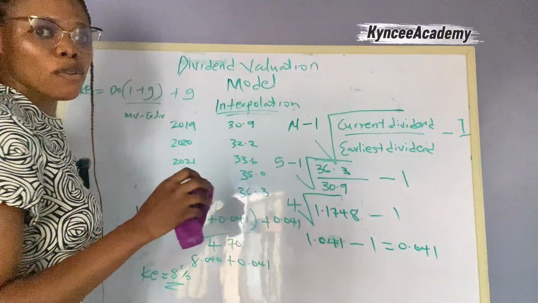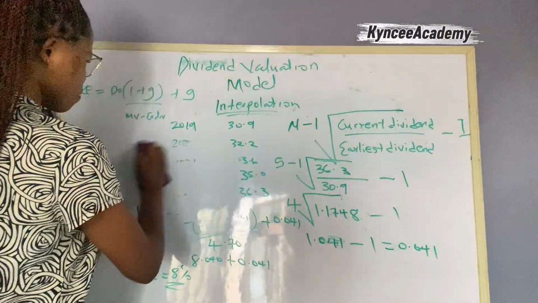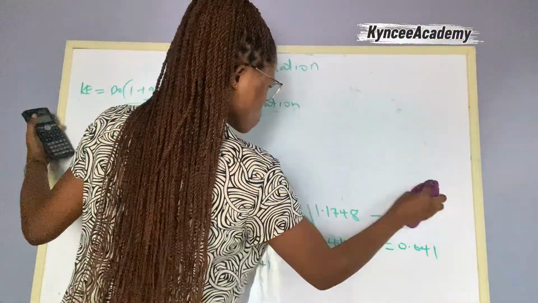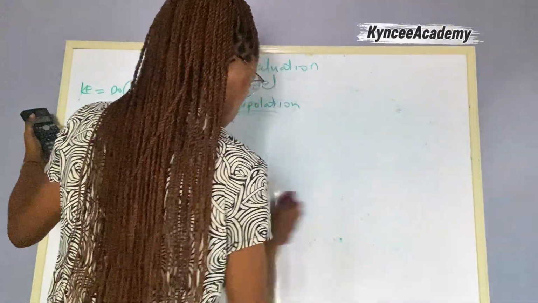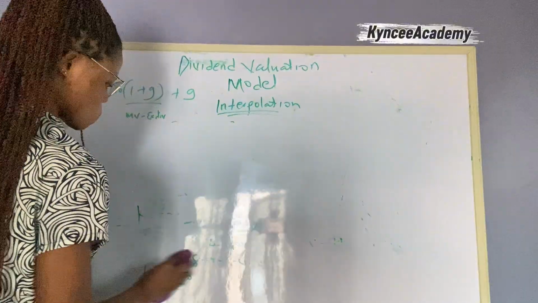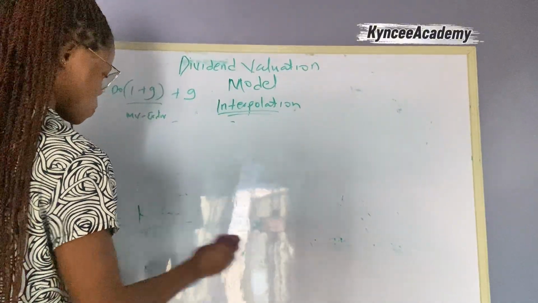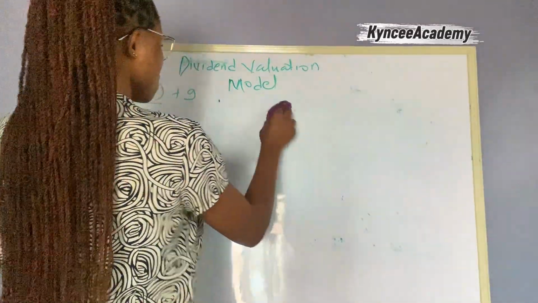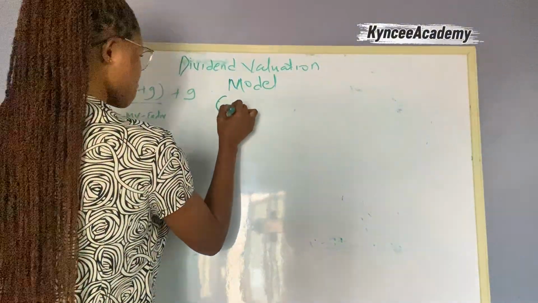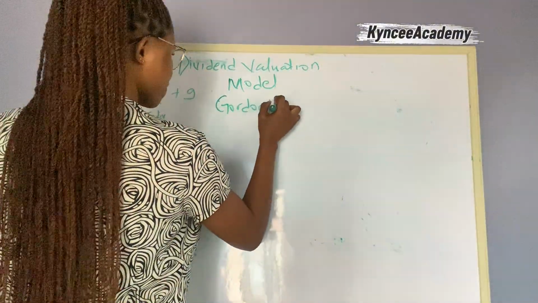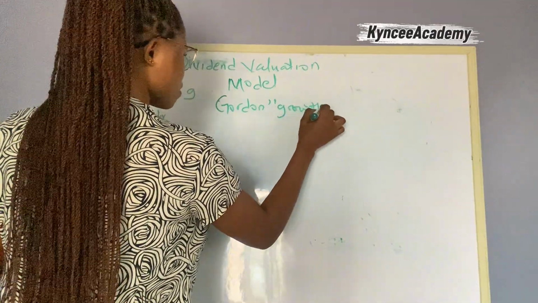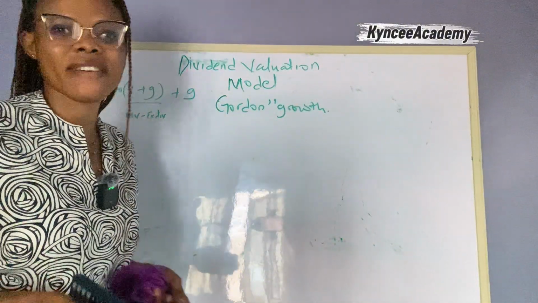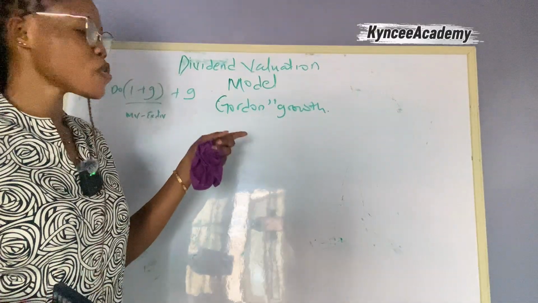So we'll now move to Gordon's growth model. Gordon's growth is similar to the dividend method, but now you're not going to use that. What you're going to use is retained earnings.